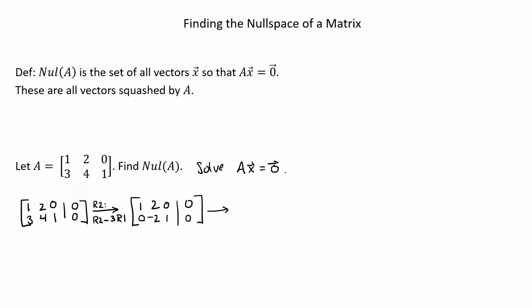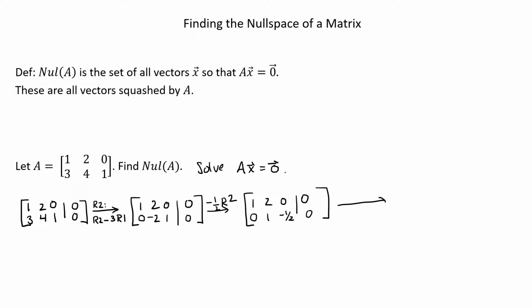We replace row 2 with -1/2 row 2. And this gives us 1, 2, 0, augmented with 0, 0, 1, -1/2, 0.